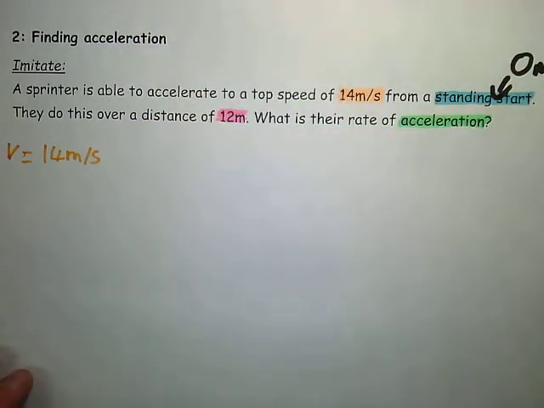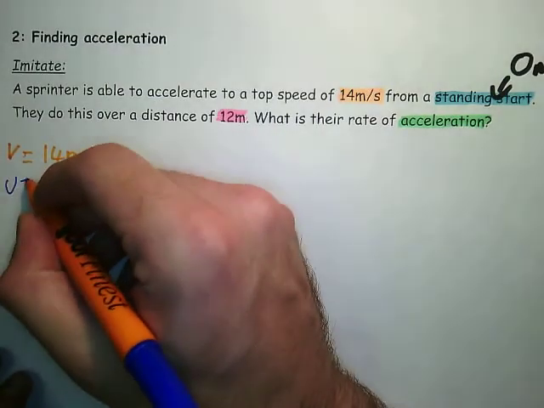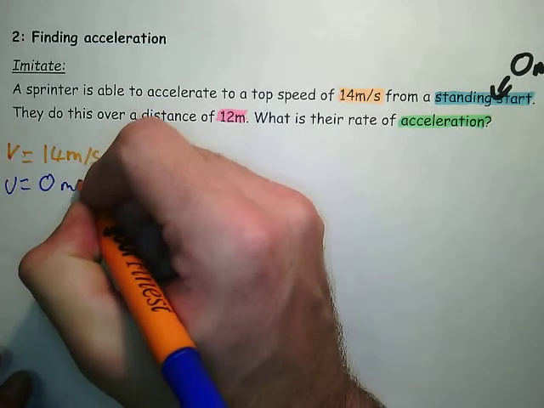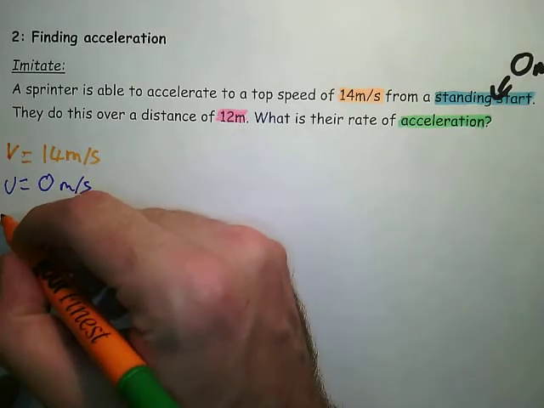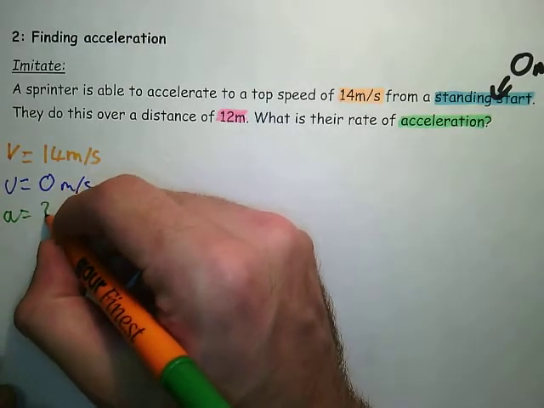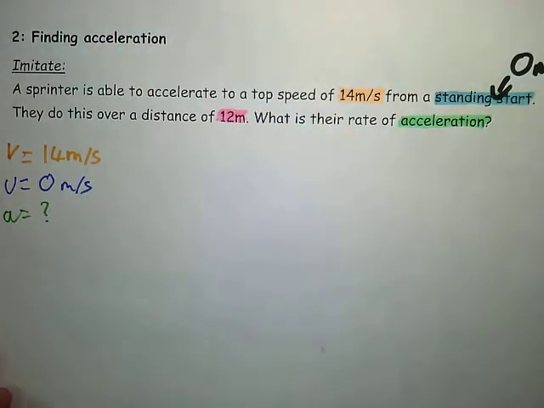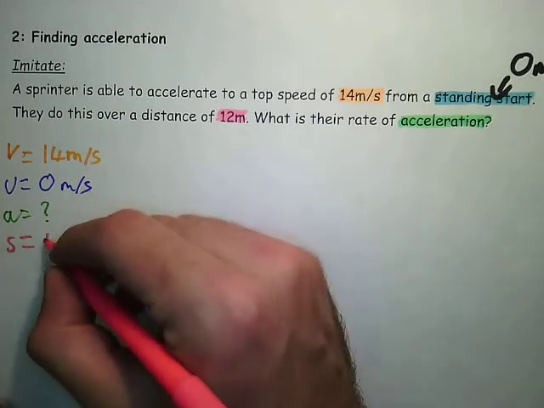We do know u, even though it wasn't given: u is 0 meters per second, which actually makes it a little bit easier. We don't know the acceleration, so we put a question mark. And the distance is 12 meters.